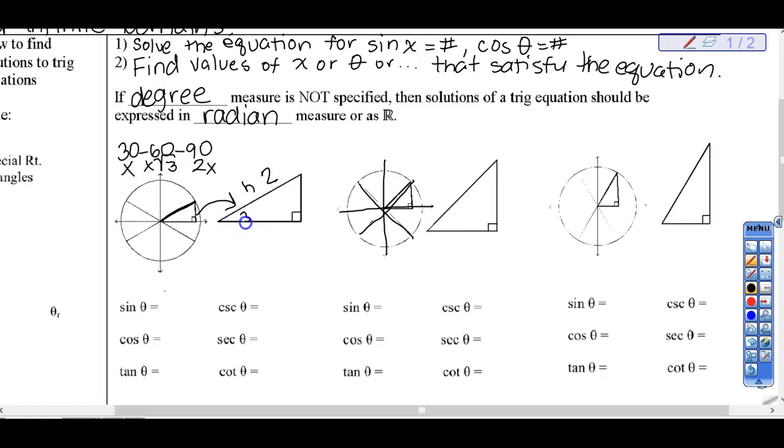So I'm going to put my 30-degree angle down here. This is a representative of the 30, 60, 90, where the reference angle is the 30-degree angle. And the opposite of that would be half the hypotenuse. The short leg is half the hypotenuse, so that's 1. And then the long leg is 1 times the square root of 3, so it's the square root of 3. So I'm just doubling the size of the triangle because that makes it a little bit easier when I'm writing my ratios. Because you remember that the sine is opposite over hypotenuse, right?